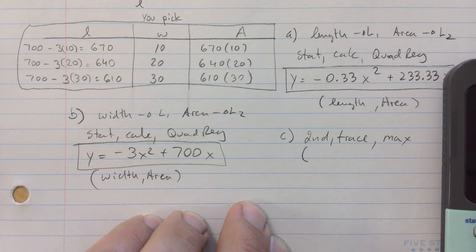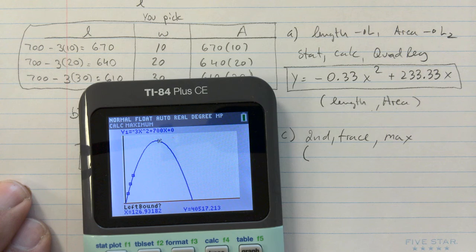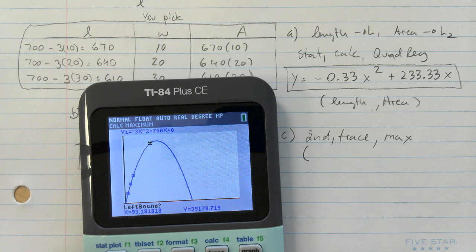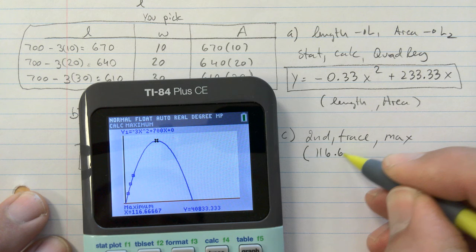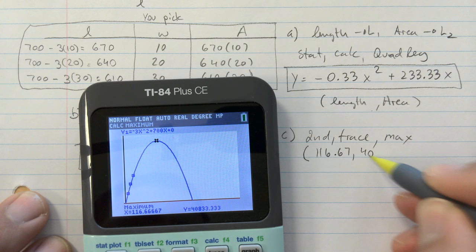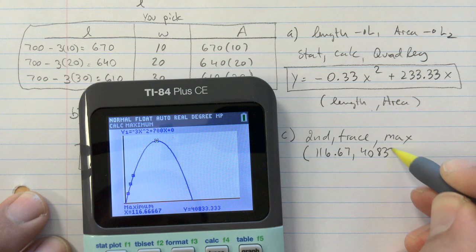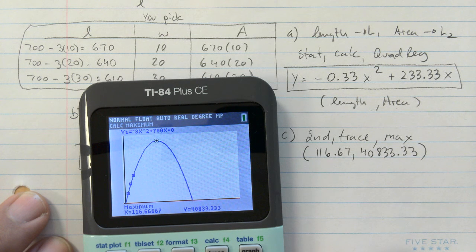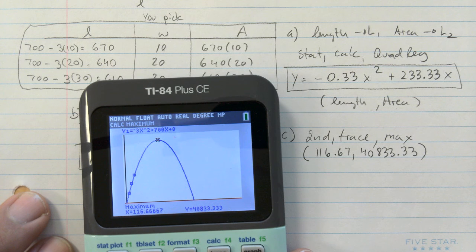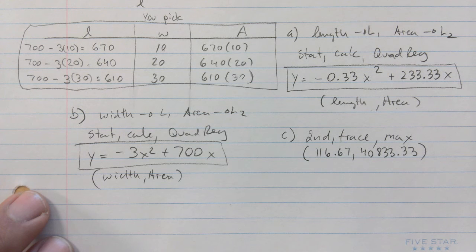We're not seeing it here. Hold on. So it's 116.67, 40,833.33. Now, what is this number again?